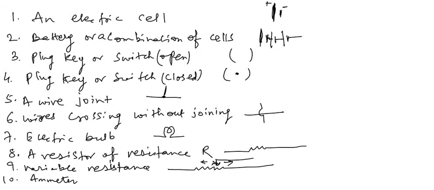If there are 10 bulbs in series combination or in parallel combination, whatever be the situation, we can just move this kink. Through this we can get the required value of resistance. Ammeter: simply this is the symbol, and the ammeter is always joined in series to the given circuit.